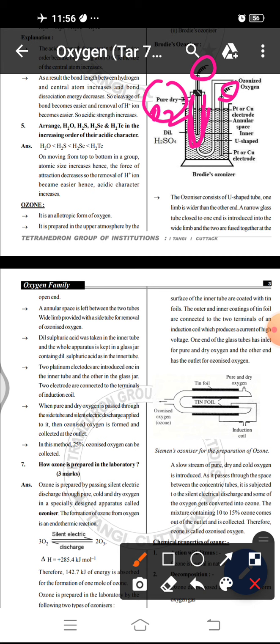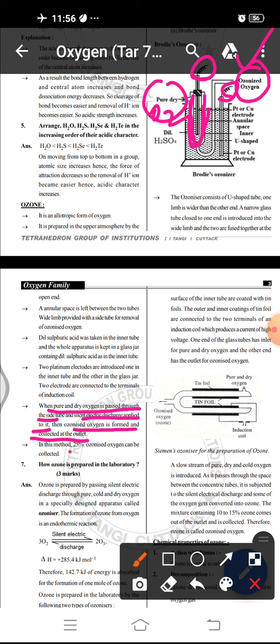Then oxygen is converted into ozone, ozonized oxygen is formed, and it is collected at the outlet.